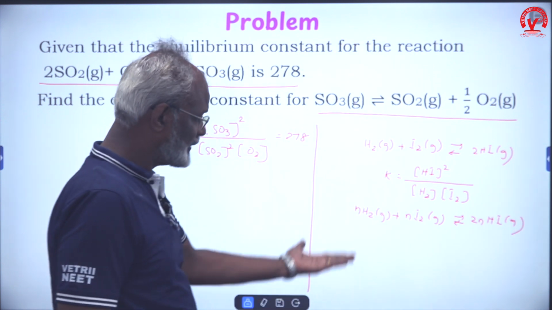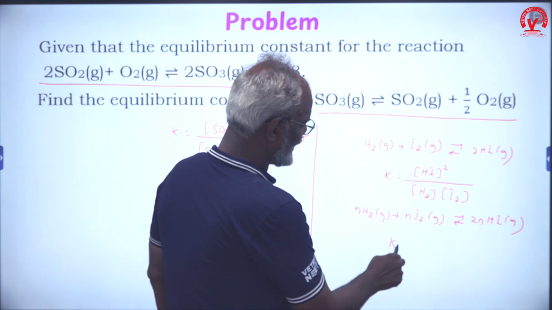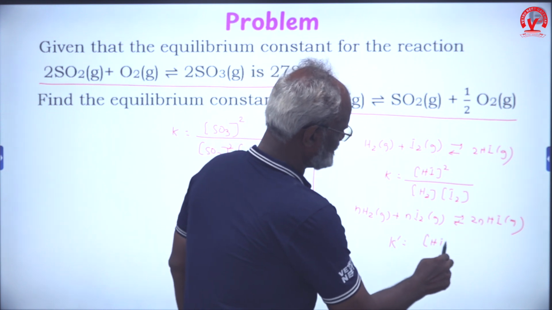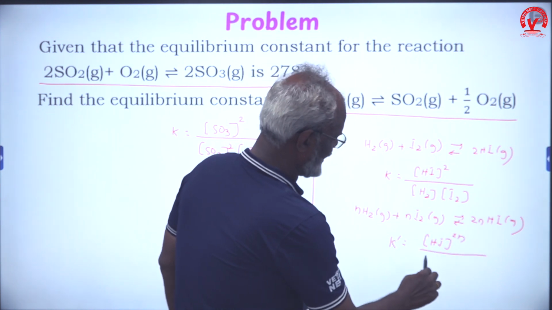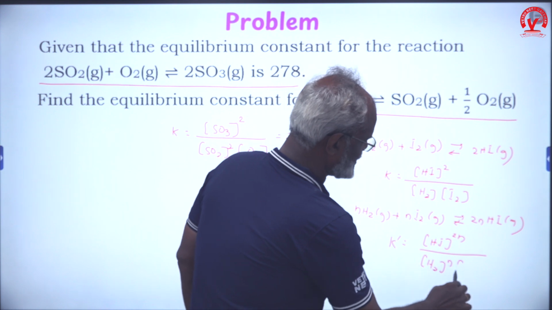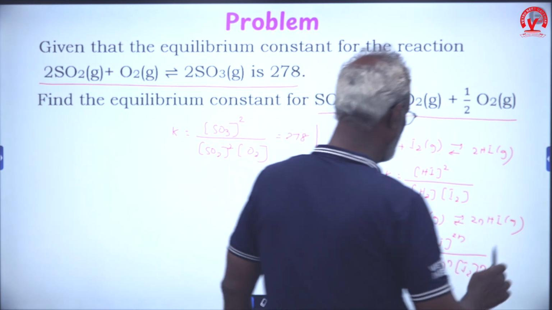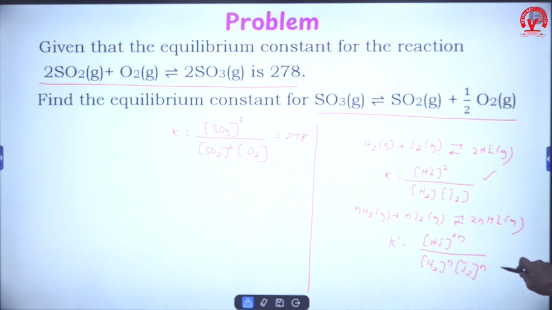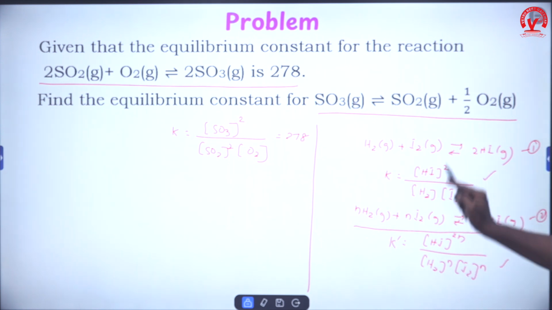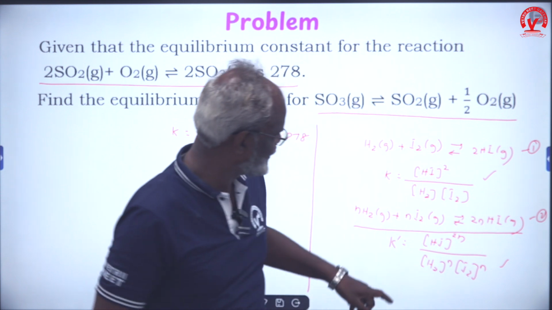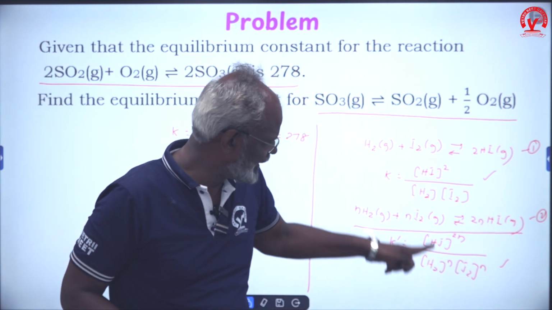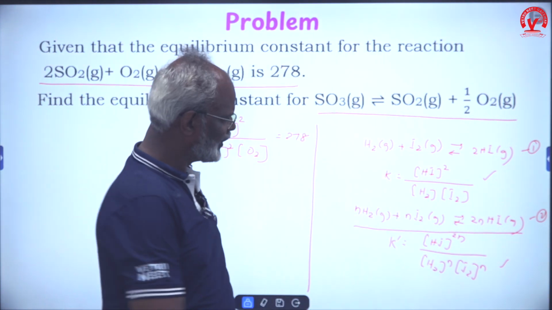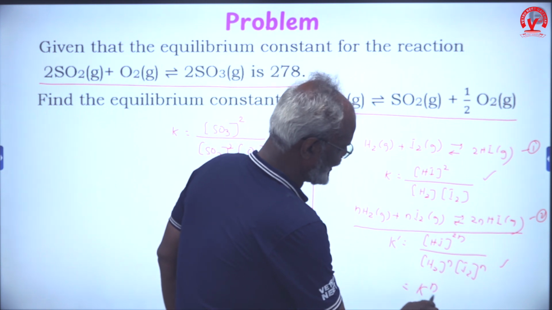Now if you write K dash for this, K dash is HI power 2n, H2 power n and I2 power n, right? Now if you compare these two equations, I will simply multiply equation 1 by n, and that gives equation 2. So K dash becomes, 2 is there so 2n, 1 is there so power n, 1 is there so power n. So it simply becomes equal to K power n.